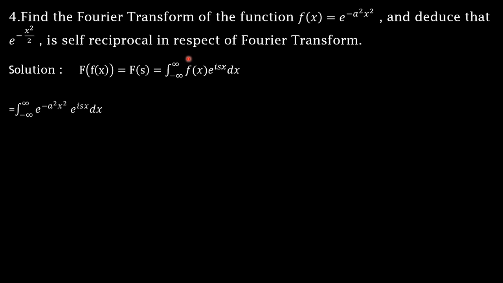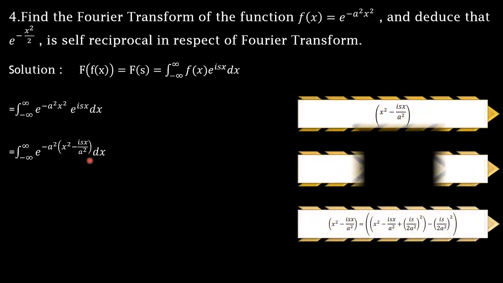Substitute the function f of x by e to the power minus a square x square and simplify it so that the integral changes to the form integration minus infinity to infinity e to the power, I am just taking a square common from these two terms, minus a square common, so that the terms inside the brackets will be of the form x square minus isx by a square.